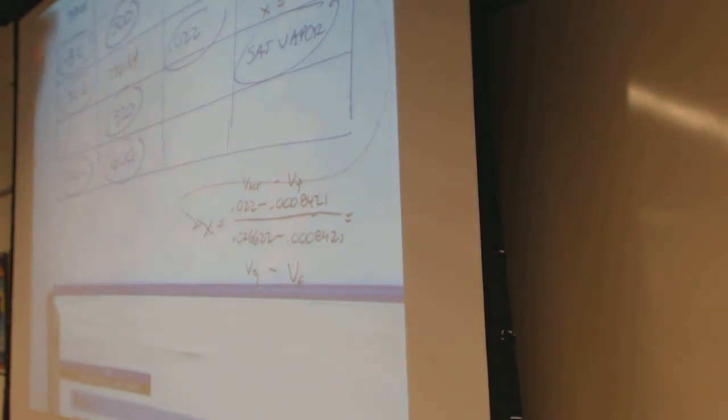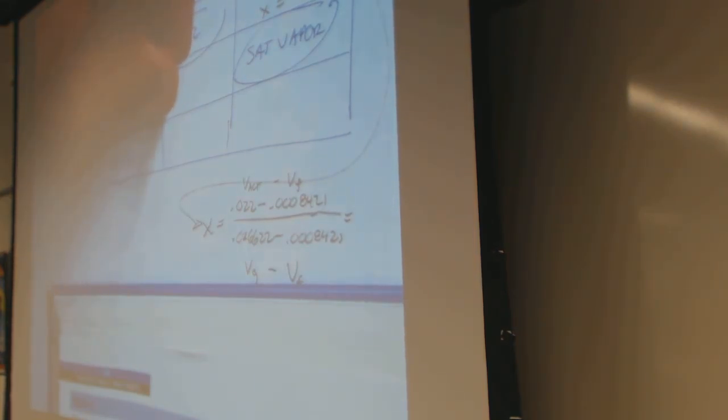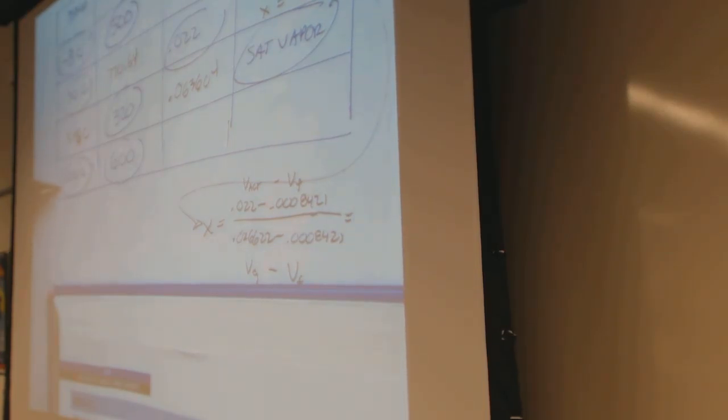So I went to the pressure table, and at 320, the volume for saturated vapor is 0.063604.